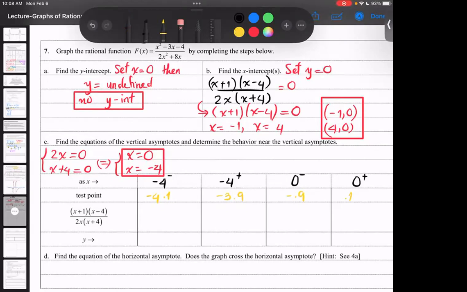So it's negative. -4.1 minus 1 is negative. Negative, when you plug in for x, negative. So positive overall. Right? What does that mean? That means y approaches positive infinity. Right? And then you do same thing for the rest.